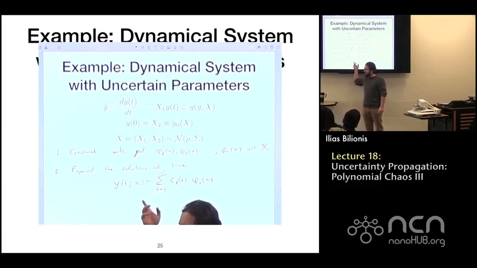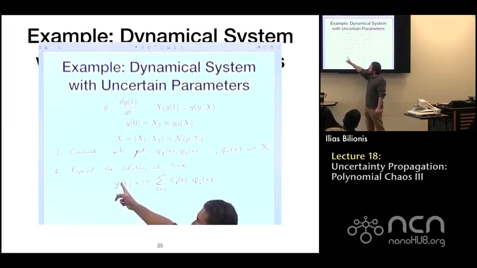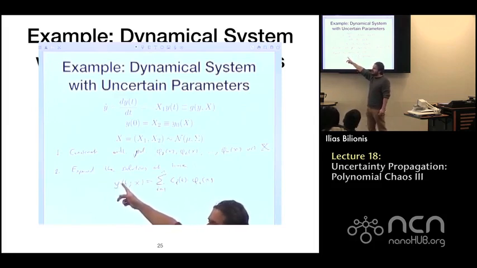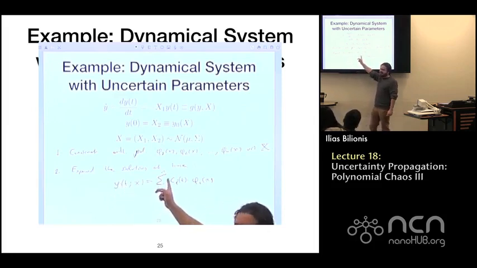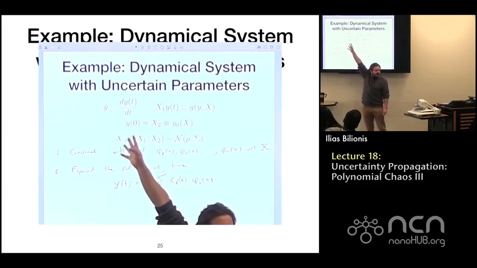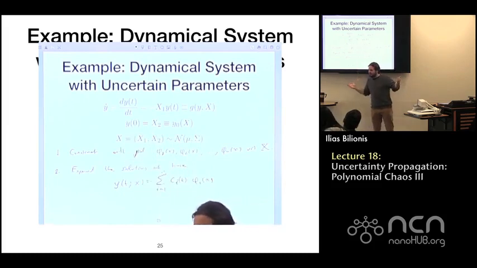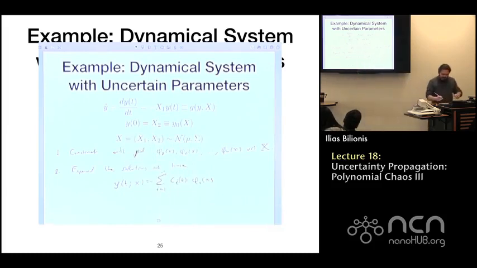This is the idea. You just take the derivative of that with respect to time. The derivative is going to go inside the summation, and it's going to result in the derivative with respect to time of this. And you plug that into the equation and you get whatever you get. Let's call this equation number 1.